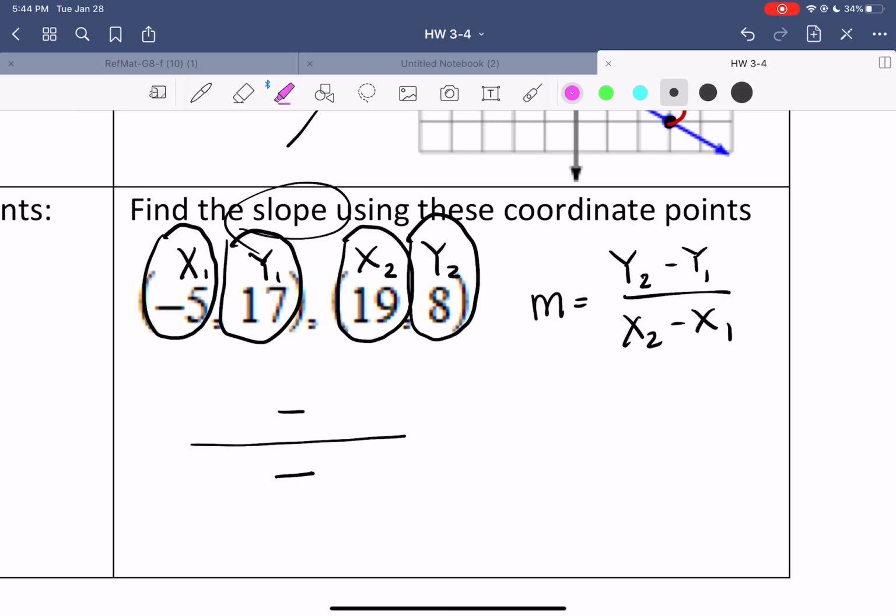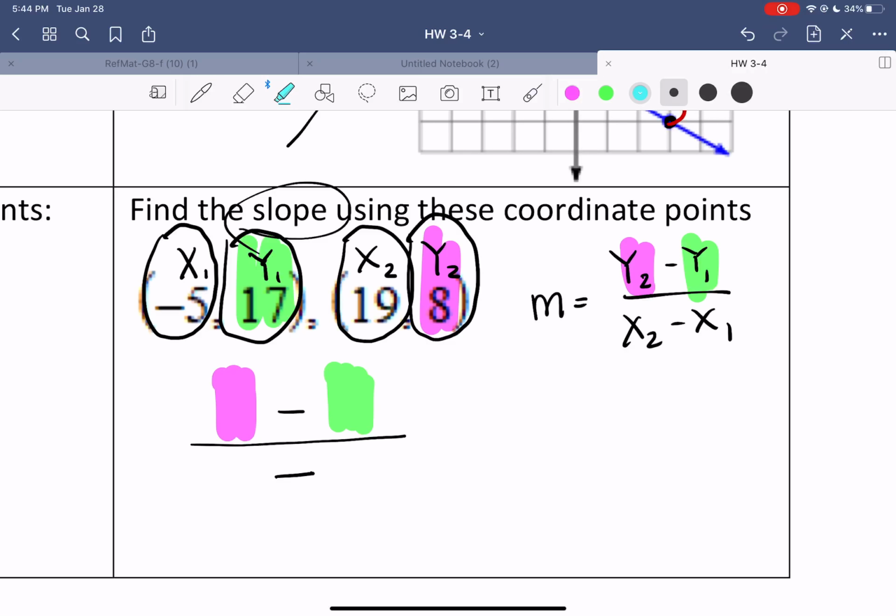So if you had this, y2 is going to go here. So this would be this number. So maybe this y1 is right here. And then making sure your colors match.